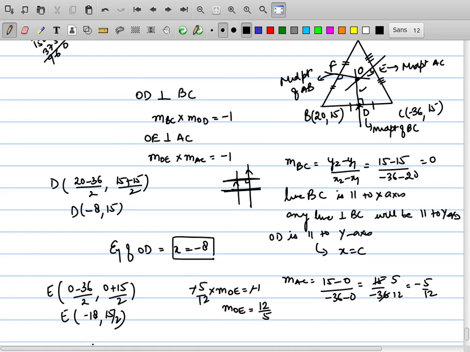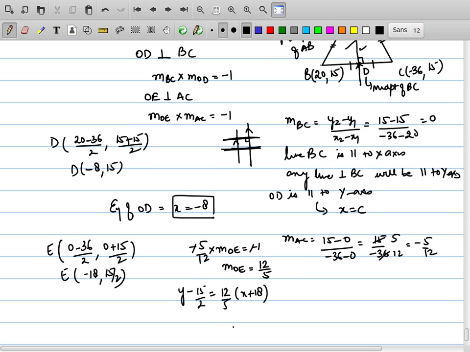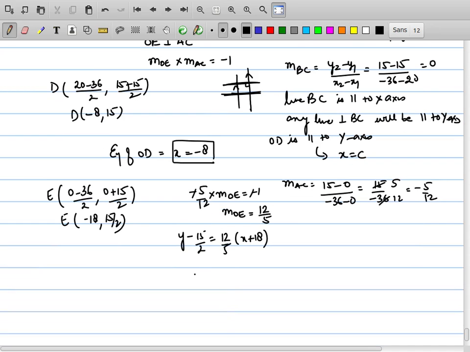Now the equation of OE can be very well found. How? We know the slope of OE and we know the point through which it is passing. Therefore we can use the one-point form. y minus y1 equals m times (x minus x1). Now this will give us the equation of OE. This is (2y minus 15) by 2 is 12 by 5 times (x plus 18).